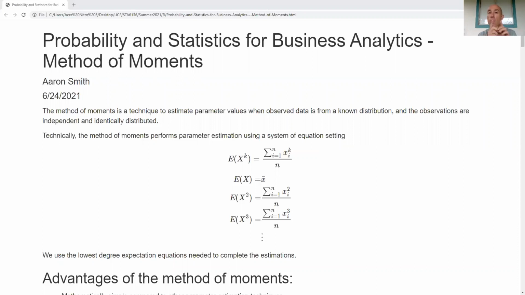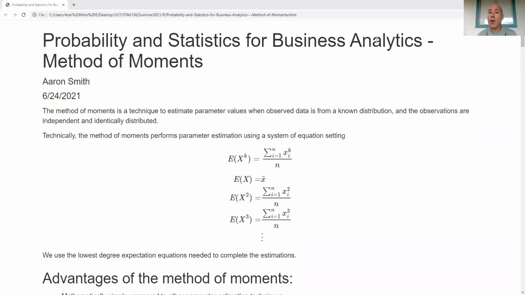Now, I'll also go to the second moment, the expected value of x squared, and then I'll take the sum of my observations squared divided by n, so it's the average of the squared values, and set them equal to each other. And if I need to keep going, I'll take the expected value of x cubed and set that equal to the average of my cubed values. And I keep on doing this until I get all the parameters I need.